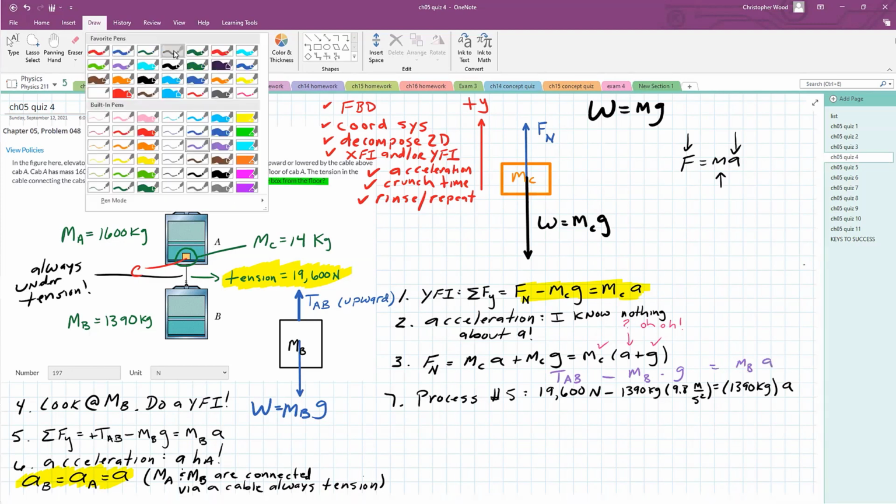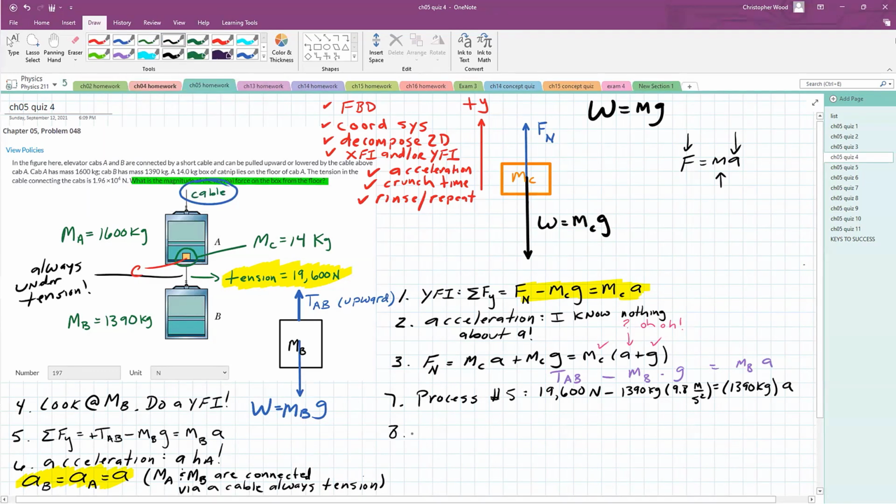Let's solve for A. Number 8, solve for A, acceleration. And then step 9, I should say, go ahead and solve for F subscript N in step number 3. Okay, let's do that. I will do that too.